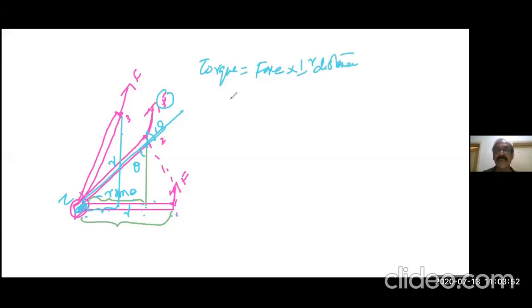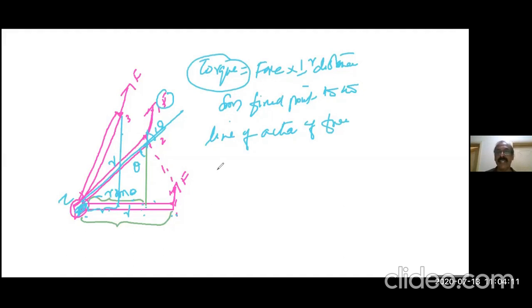Perpendicular distance from the fixed point to the line of action of force, that means this line, you see this blue line, green line I have drawn. This is the formula for torque. That means in general we can write tau is equal to RF sine theta.